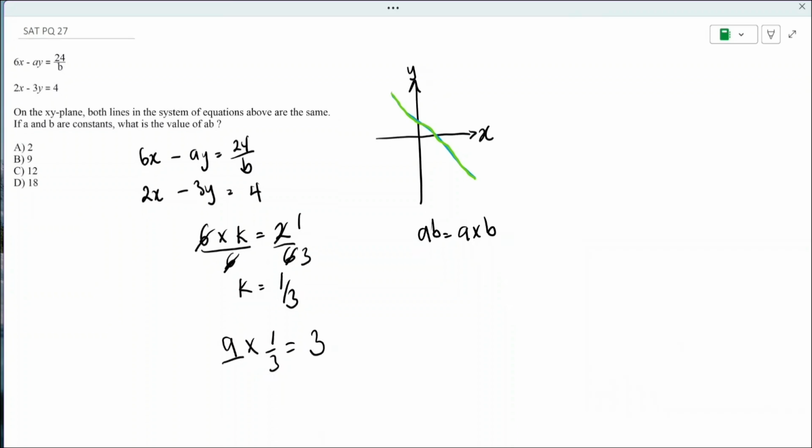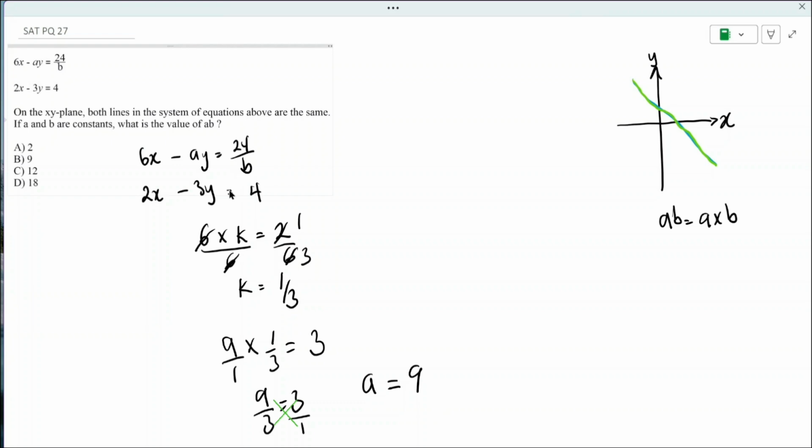You can make this a over 1. A times 1 is a over 3 equals 3. To get rid of the division by 3, you multiply both sides by 3, or you can simply cross multiply. You have a times 1, which gives a, equals 3 times 3, which gives you 9. A is 9.